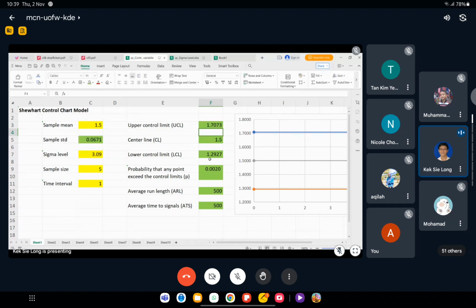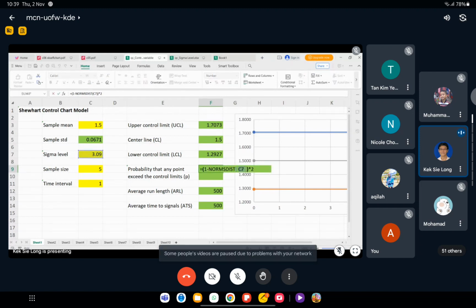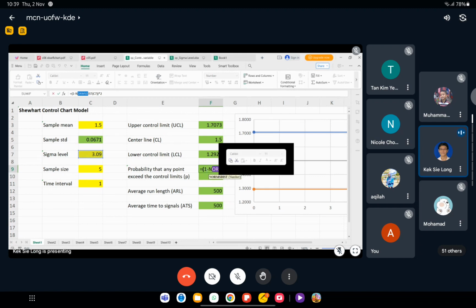Okay, you can try the lower control limit. So it's equal F5 minus C7 times C5. And then for the probability that any point exceeds the control limit, we just use the formula 1 minus NORM.S.DIST. This command stands for normal standard distribution.